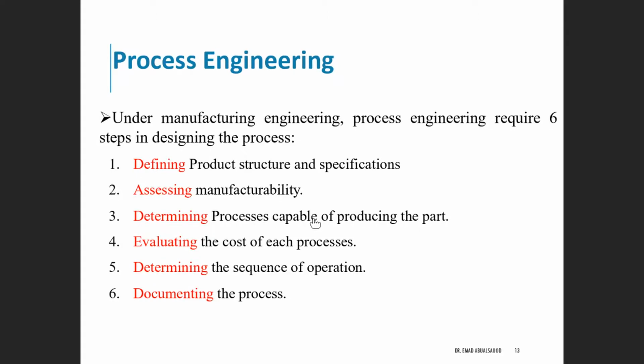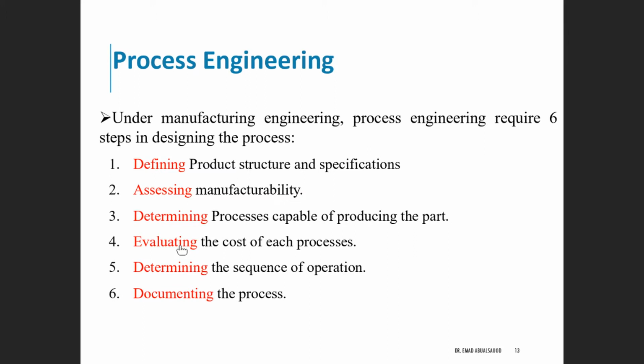There are separate sessions talking about process capability and how you calculate it for a process. In the quality control course, you can find it if you are interested to learn more about process capability. Step 4 is evaluating the cost of each process.